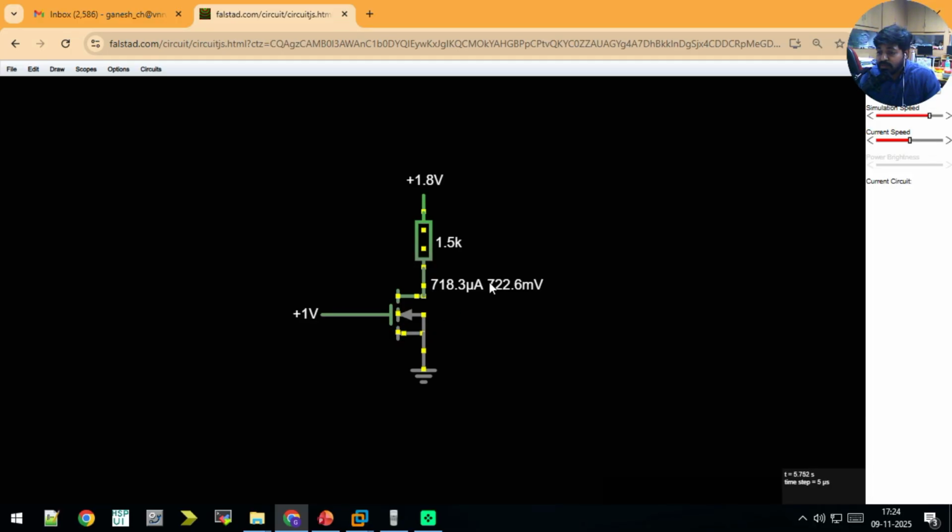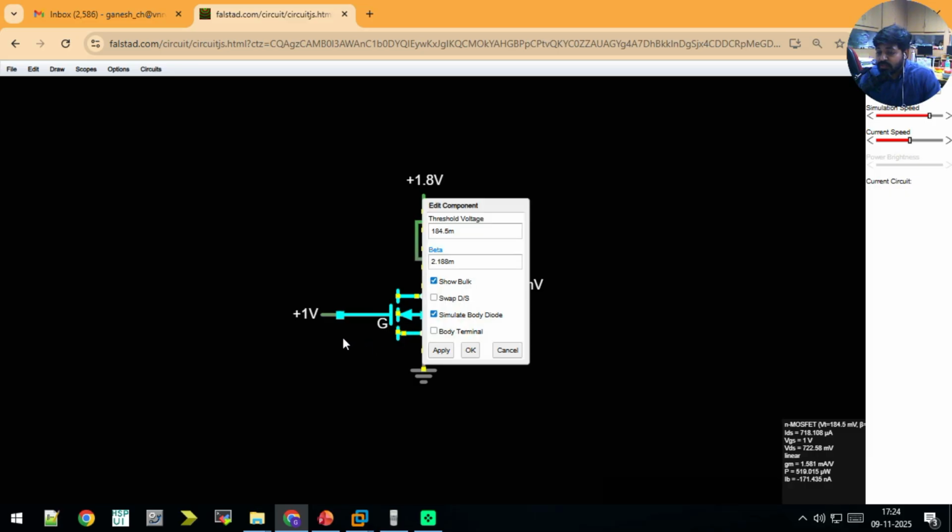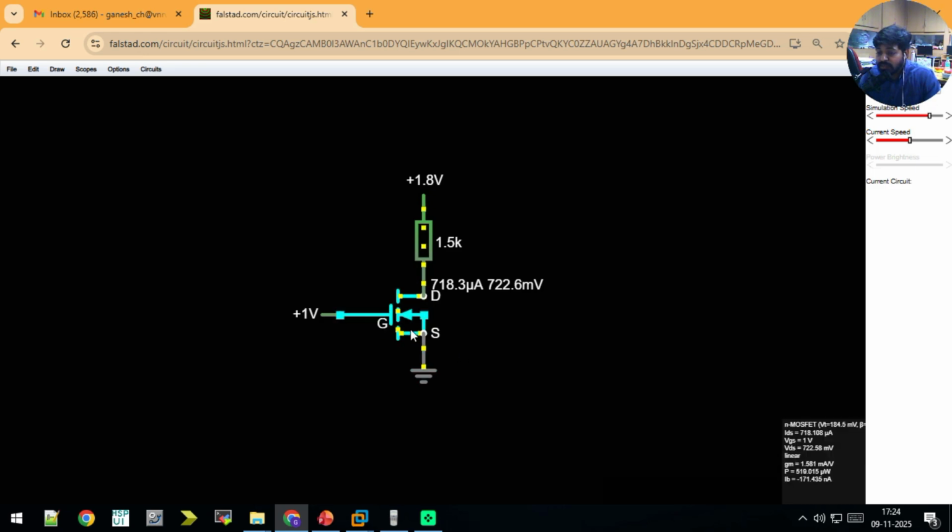We have to make sure this voltage should be more than the water voltage, which is VGS minus VTH: 1000 milli minus 184 milli, around 816 milli. So the transistor drain voltage needs to maintain 816 millivolts.